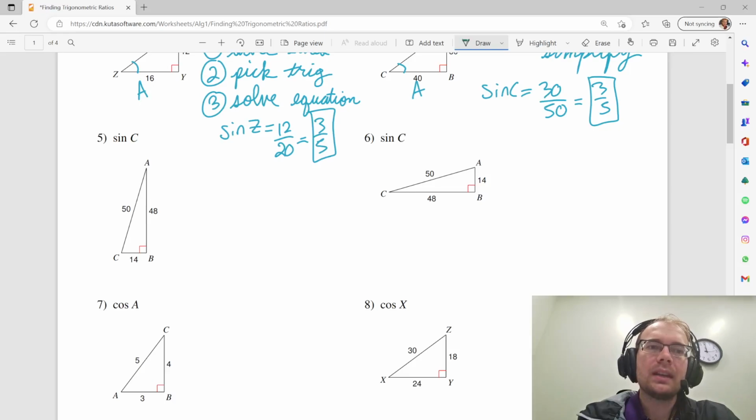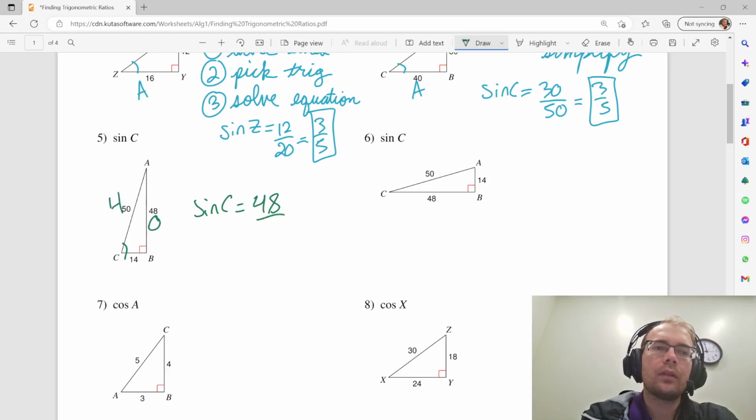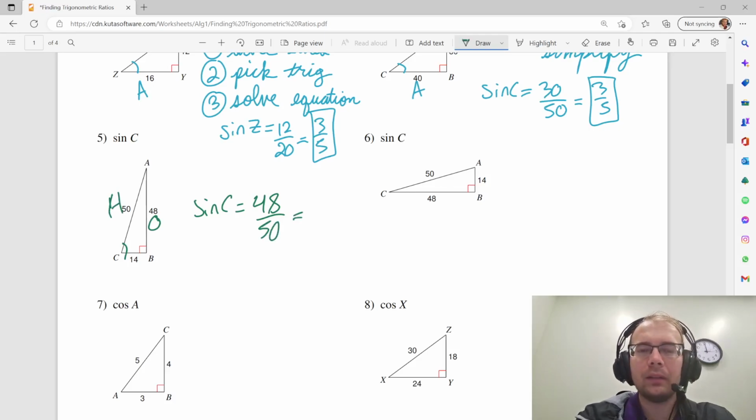So sine C, there's C, okay, and sine is opposite over hypotenuse. All right, so already I'm skipping a little bit of steps because I didn't label all the sides. I only labeled the sides that I knew I would need to use in order to solve the question.